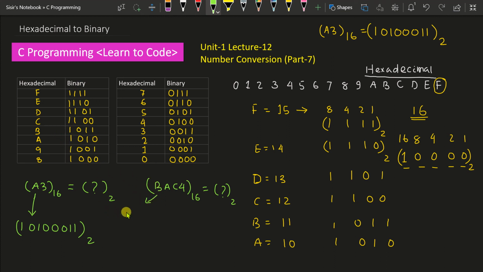B is 1011, A is 1010, C is 1100 and 4 is 0100. So this is the binary equivalent of the hexadecimal number. You can easily find it whenever a hexadecimal number is given and you want to convert it into binary. I hope you understand the technique I am using for the shortcut method.